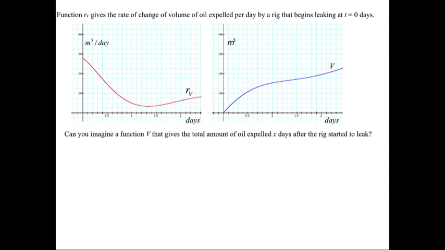And then what does the low point on that rate of change signify? The minimum rate of change. Does that mean minimum volume expelled?